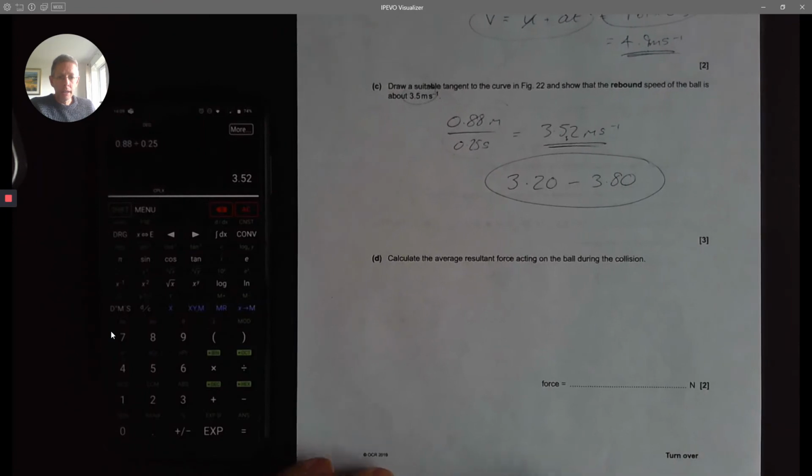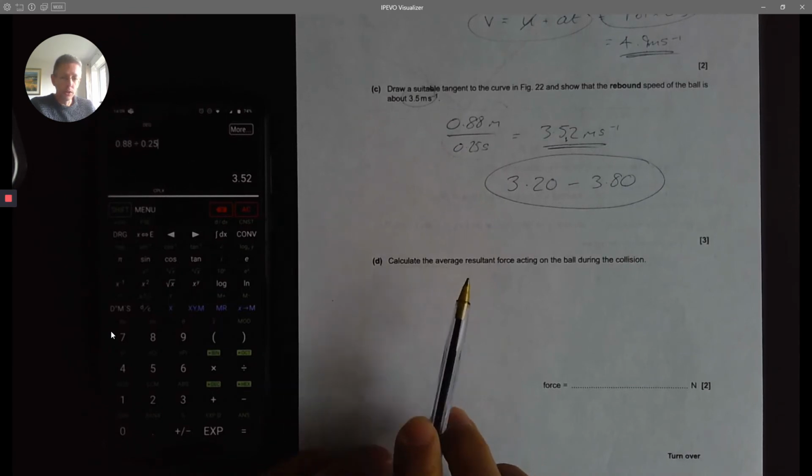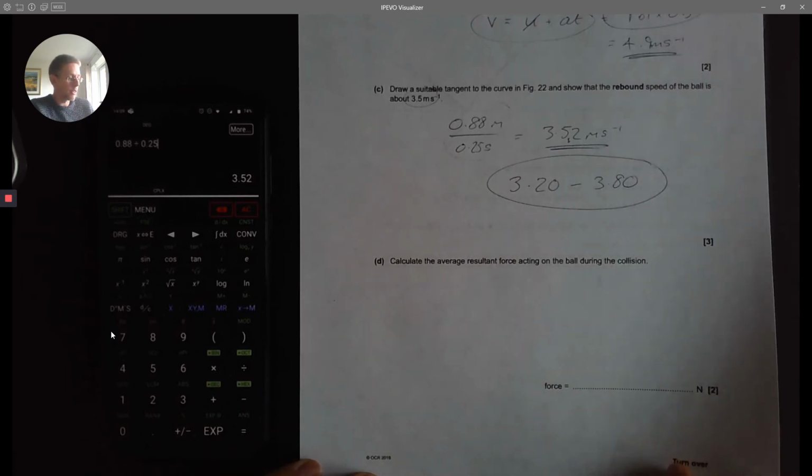Okay, calculate the average resultant force acting on the ball during the collision. Whenever you see average resultant force, you need to be thinking that we're going to be smearing something maybe quite complicated out over a period of time.